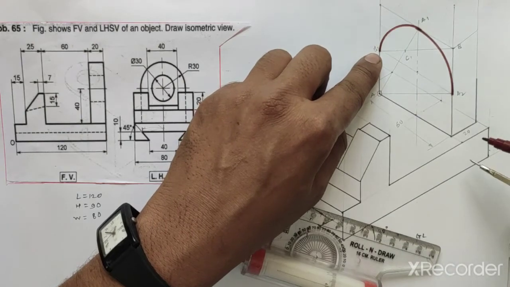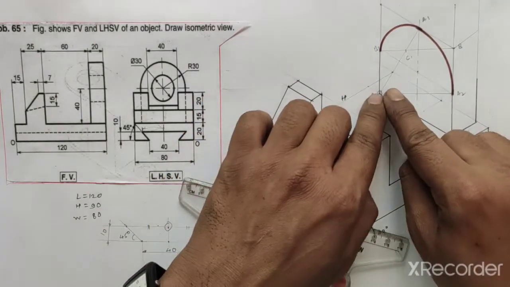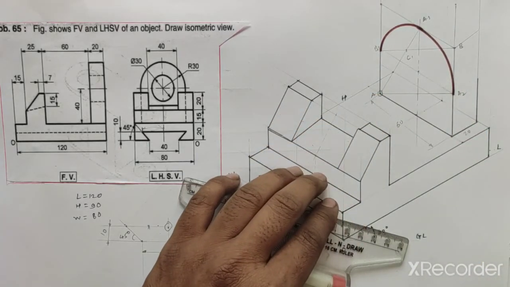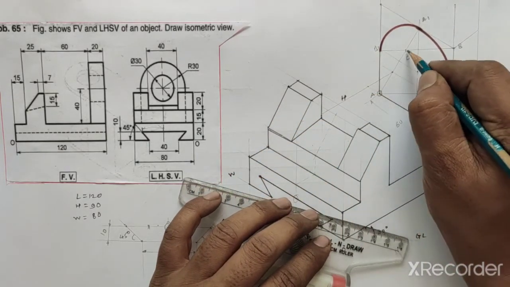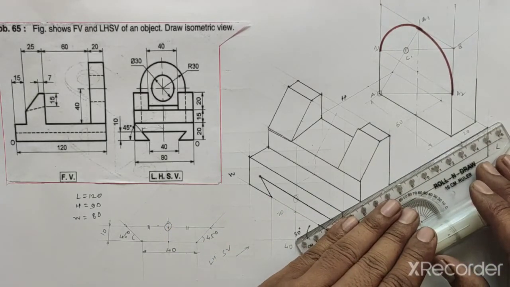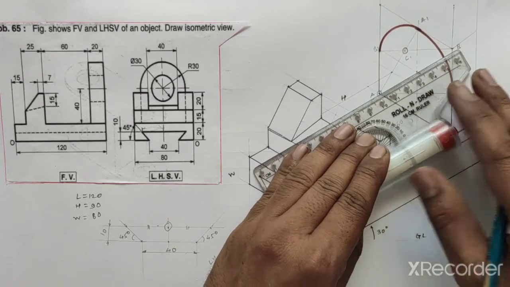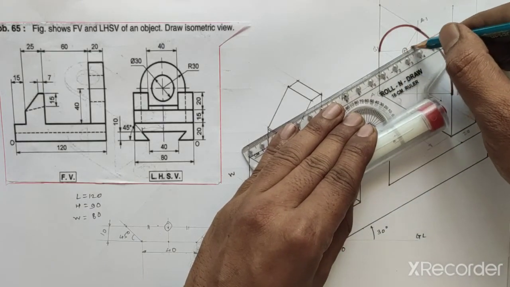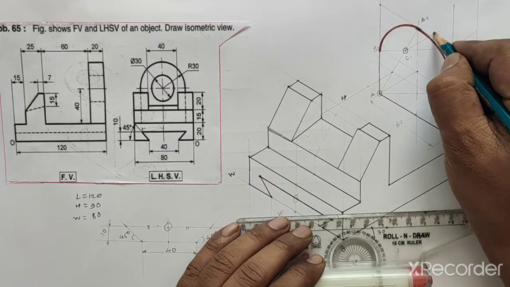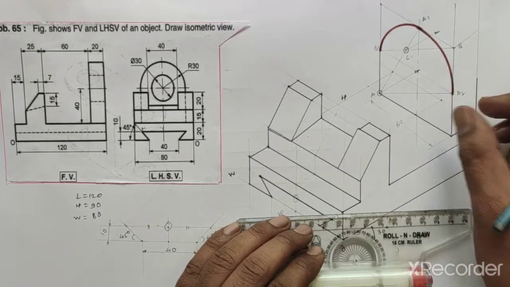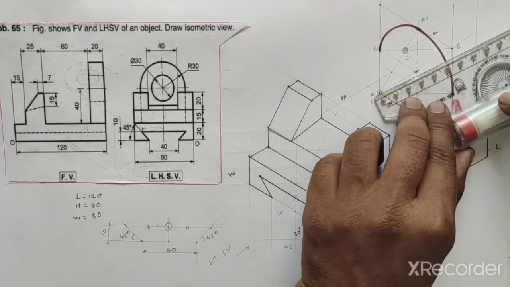Draw the arc with the same thickness of the plate, which is 20 mm. So we need to shift this point A and C1 along the length of the object, exactly 20 mm. Draw the faint lines. Shift these points towards the width of the plate, exactly 20 mm.